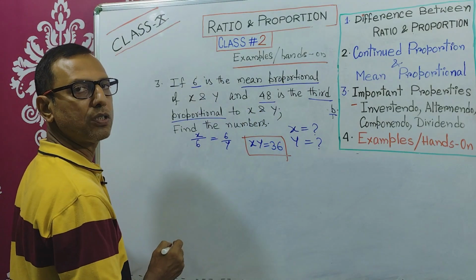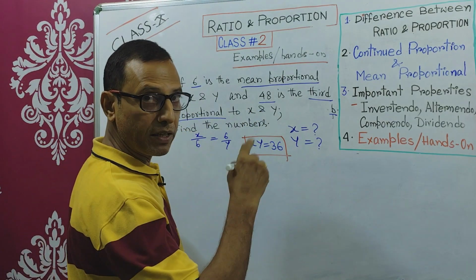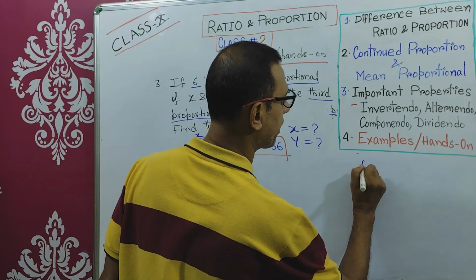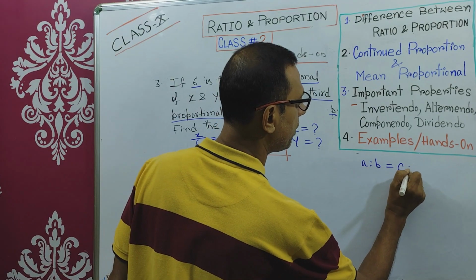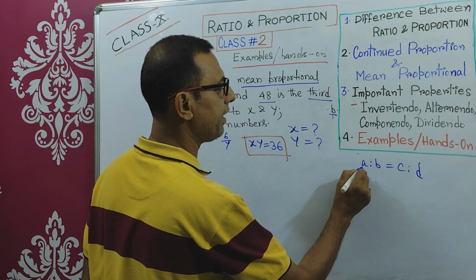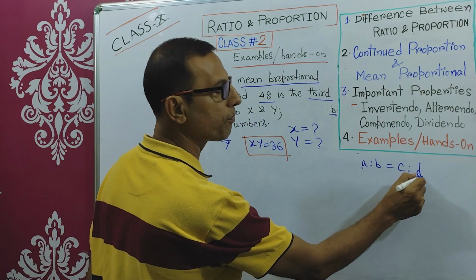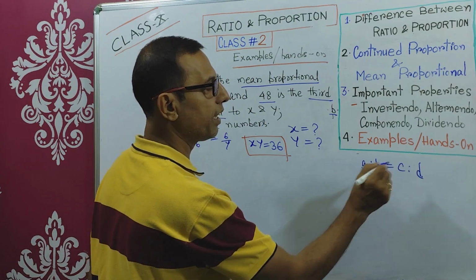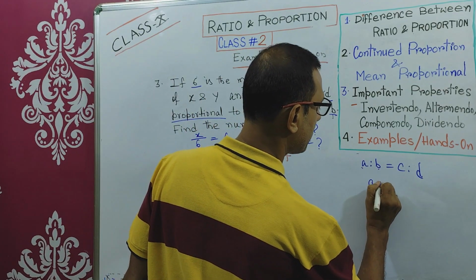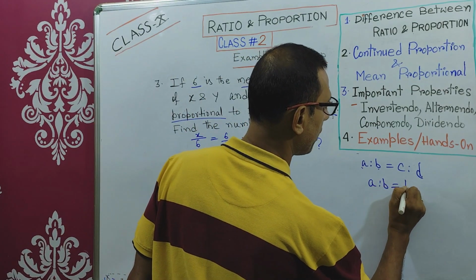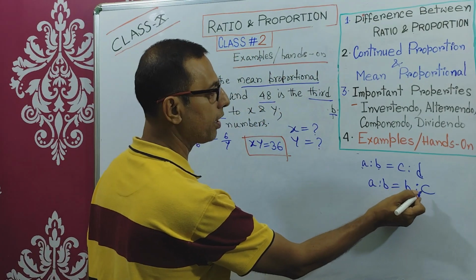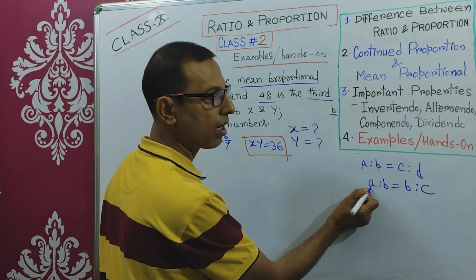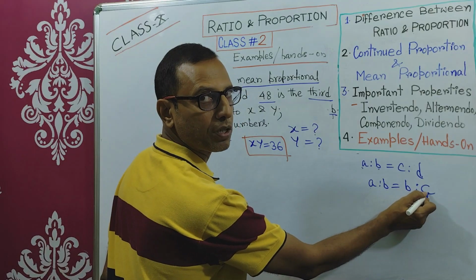Mean proportional is y, because as I explained already, in a proportion with 4 elements, a is to b equals c is to d, then a and d are the extremes, d is the fourth proportional, and b and c are the means. But if I say a is to b equals b is to c, that means b is the mean proportional, a is the first term, and c is the third proportional.